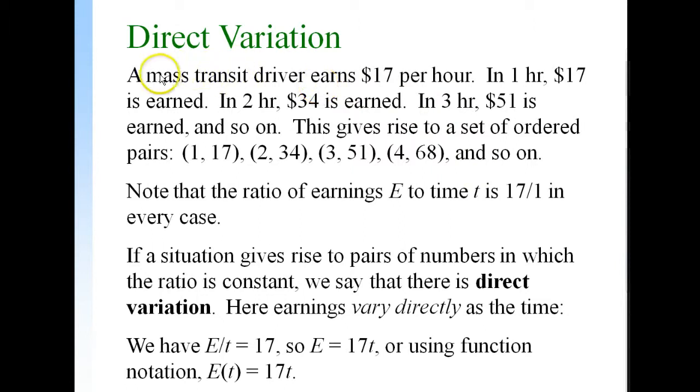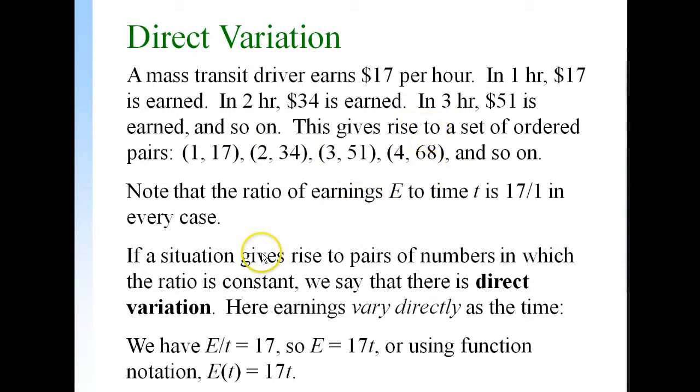Here we see a mass transit driver earns $17 per hour. So in 1 hour, $17, in 2 hours, 34, in 3 hours, 51. So in a sense, you have a series of ordered pairs that make a nice straight line, going back to some of our work in Chapter 2.